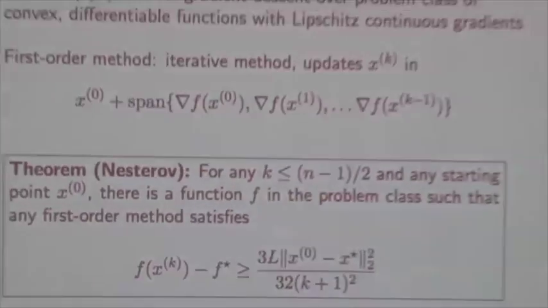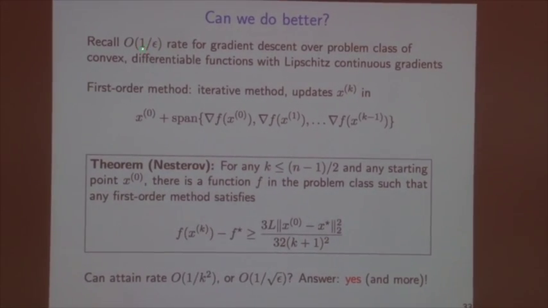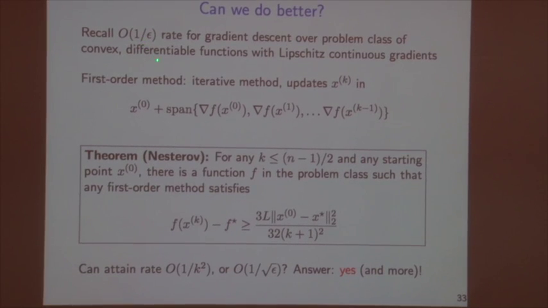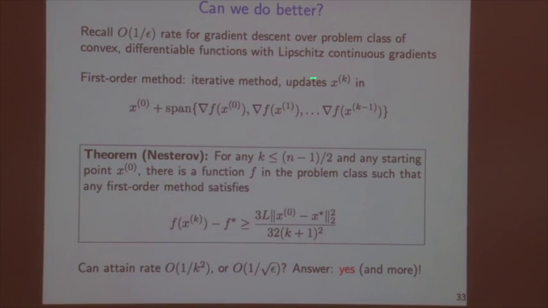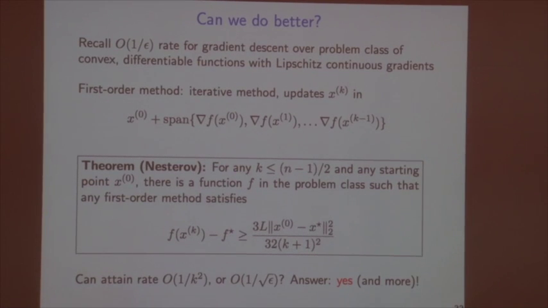So let me quickly wrap it up. We proved today that the rate of convergence for gradient descent is of the order 1 over epsilon. So if you want to have accuracy epsilon, you need about 1 over epsilon iterations when you have differentiable objectives with Lipschitz continuous gradients. And gradient descent is the building block of a family of methods that are called first-order methods.